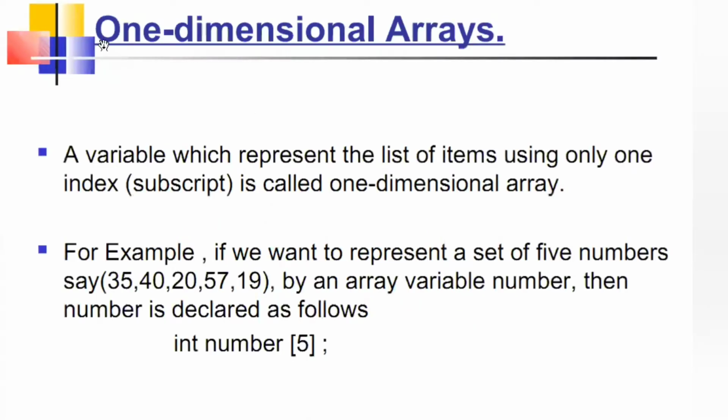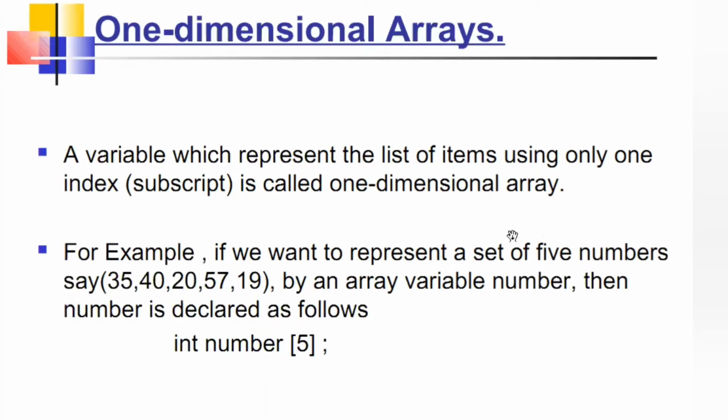A one-dimensional array is a variable which represents a list of items using one index subscript. So in a one-dimensional array, only one index or subscript is used.